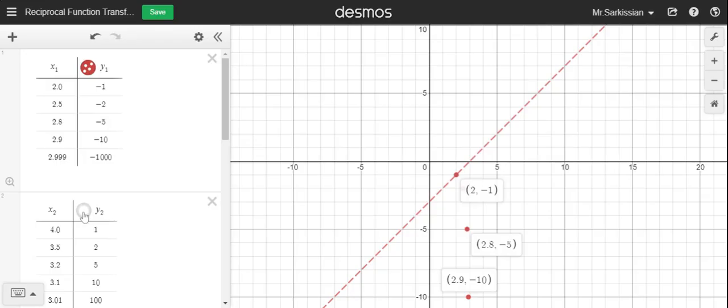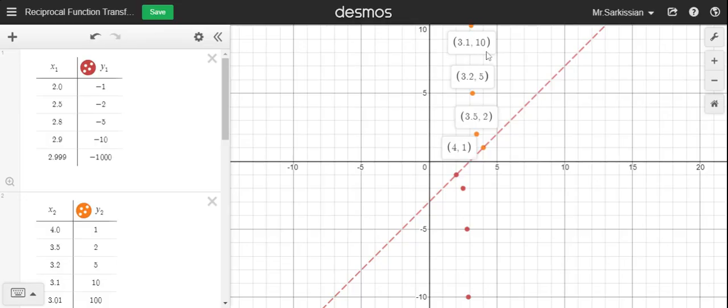And also I have selected some other values for x, for example 4, 1, or 3.5 and 2, and then 3.2 and 5, and finally 3.1 and 10.